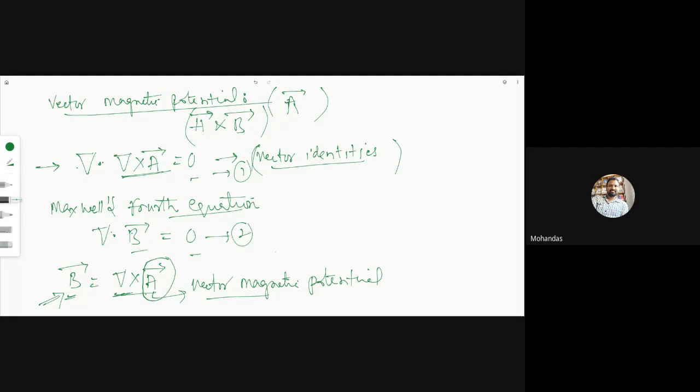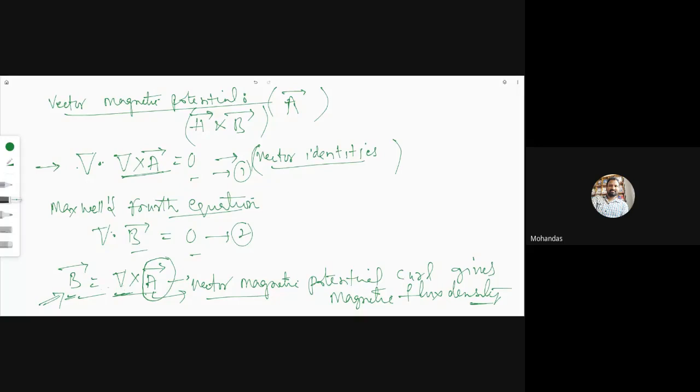So the curl of the vector magnetic potential gives the magnetic flux density.